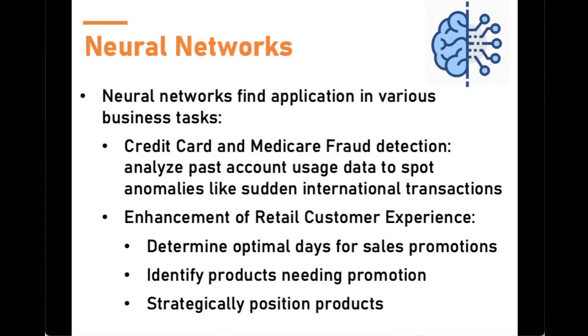In the other example, in the improvement of retail customer experience, retail companies use transactional data to, for example, track the best days to schedule sales promotions, which products need promotion, and where to position certain products.